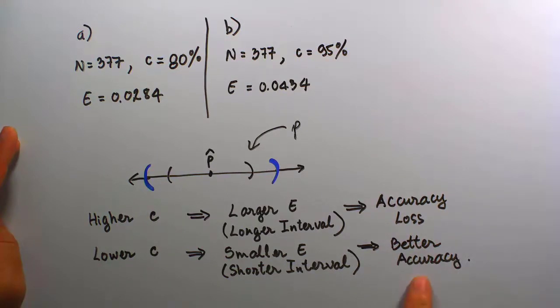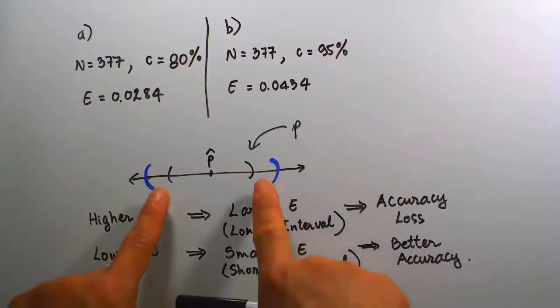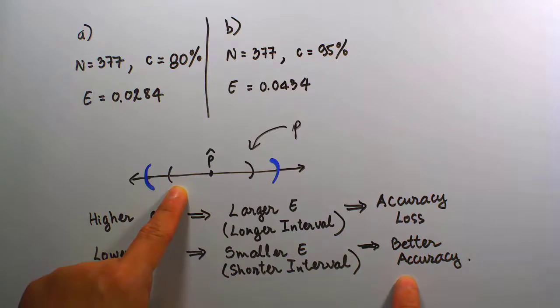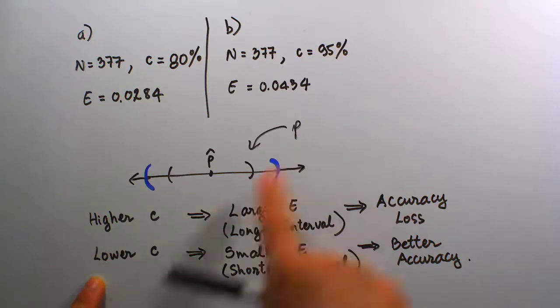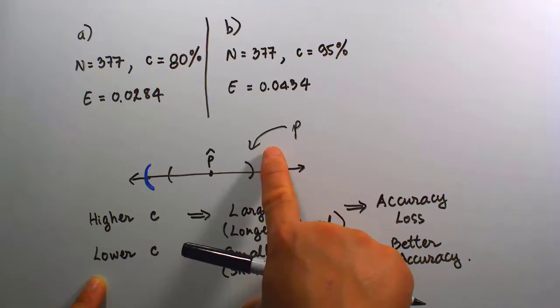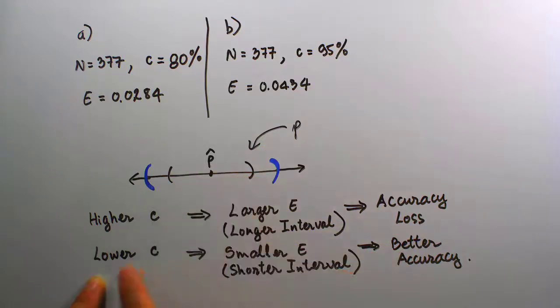But better accuracy, on the other hand, means we shorten down our interval, but then the chance that the actual value that we're estimating falls into this interval is going to be a lower chance of success. And so in either way, there's still something making it not a good solution.